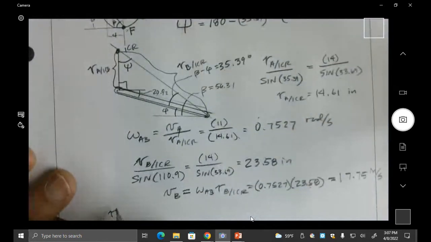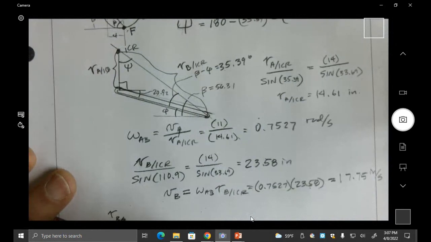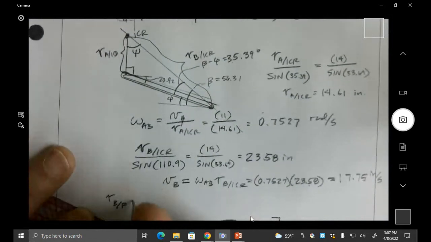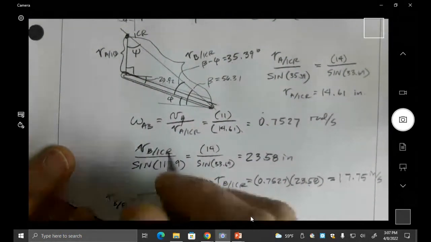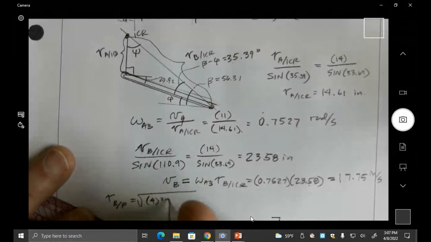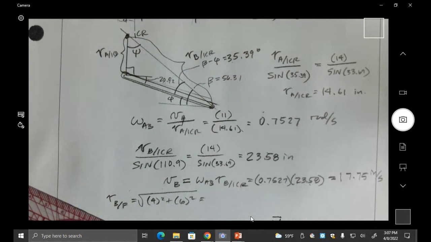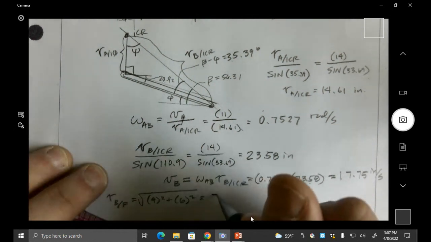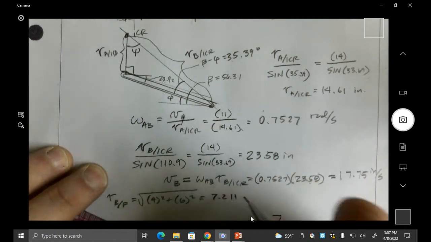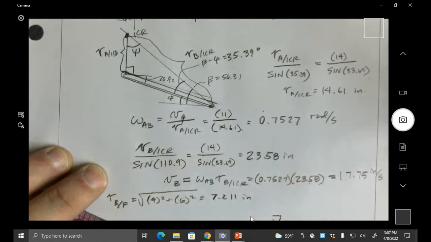So we go RB with respect to F is, as you say, the square root of 4 squared plus 6 squared. So 4 squared and 6 squared, which you should probably do in your head, right? Ends up being 7.211 inches.